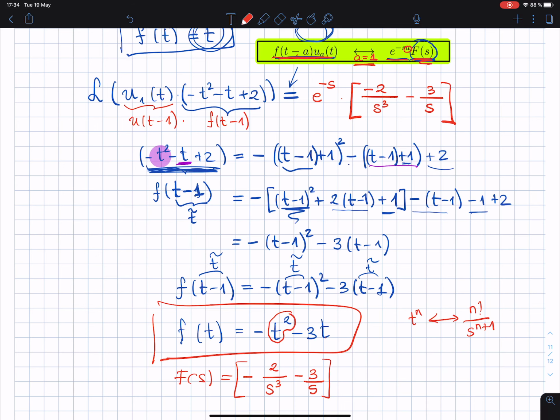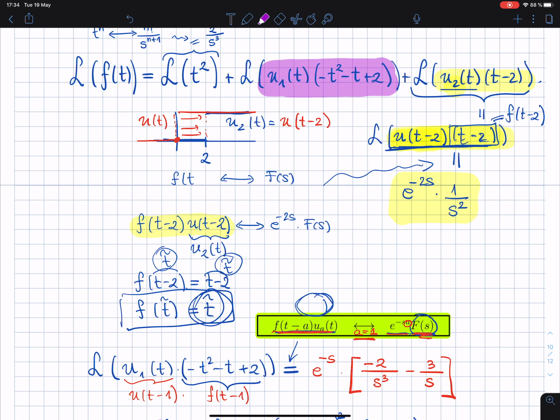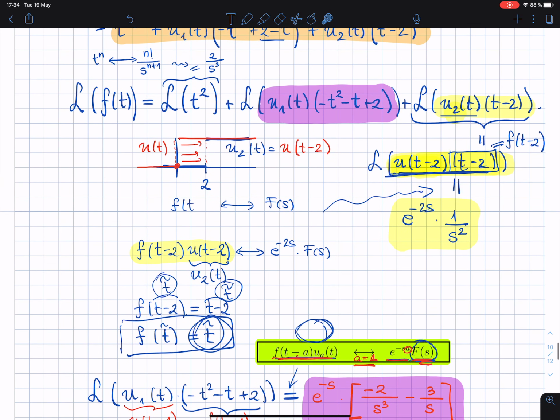So let's try to sum up. This is the last term needed to compute. This is the Laplace transform of this second term that was a little bit harder, okay? So the Laplace transform we wanted to compute is the Laplace transform of t squared, which is 2 divided by s to the power 3.